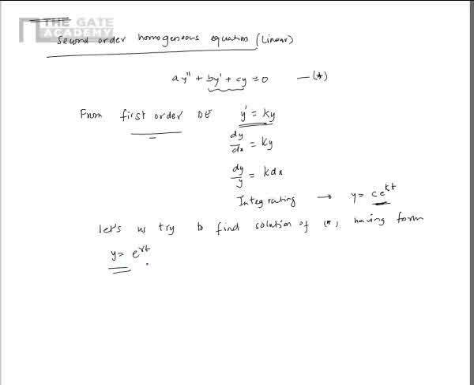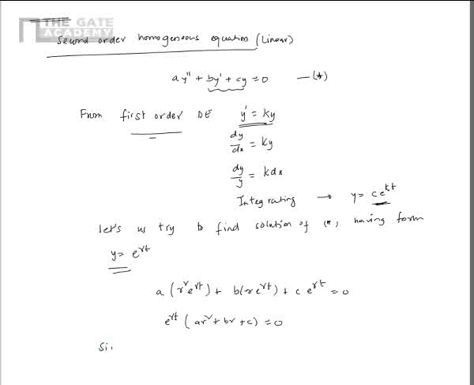So what happens? If I substitute that, it will be r squared e^(rt), because you have to differentiate two times, plus b r e^(rt) plus c e^(rt) equal to 0. Now e^(rt) I can take out common: a r squared plus b r plus c equal to 0.